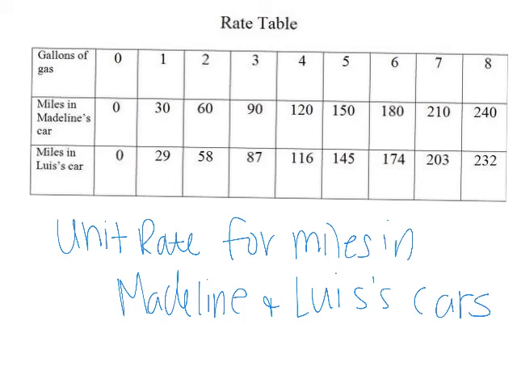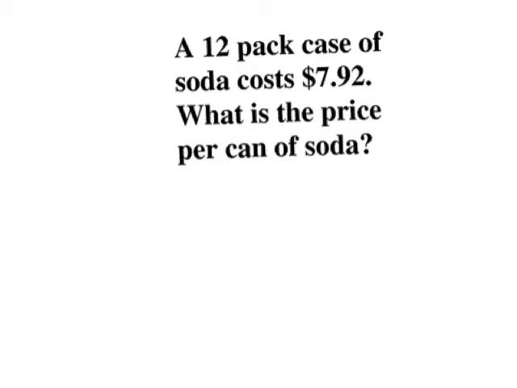So give me the unit rate for the number of miles per gallon for Madeline and Louis's car. And then give me the unit rate: what is the price per can of soda? If a 12-pack is $7.92, what is the price per can of soda?